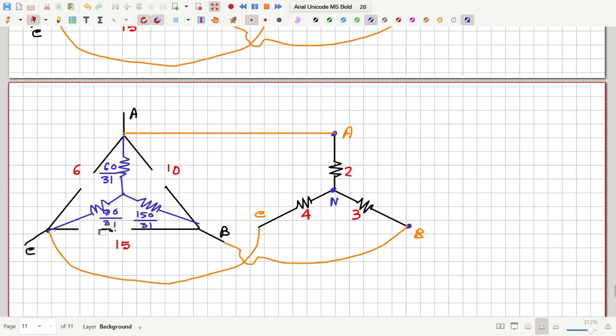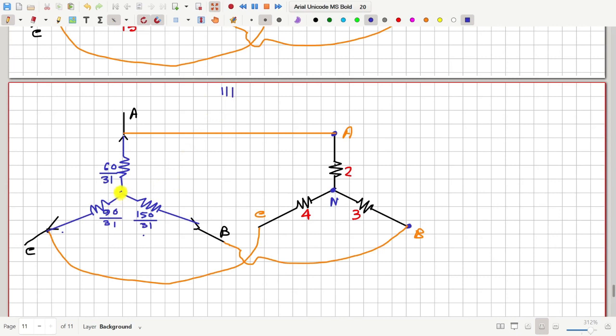Now I may remove this original delta. So let me remove this original delta completely, and this is the equivalent circuit that we have.